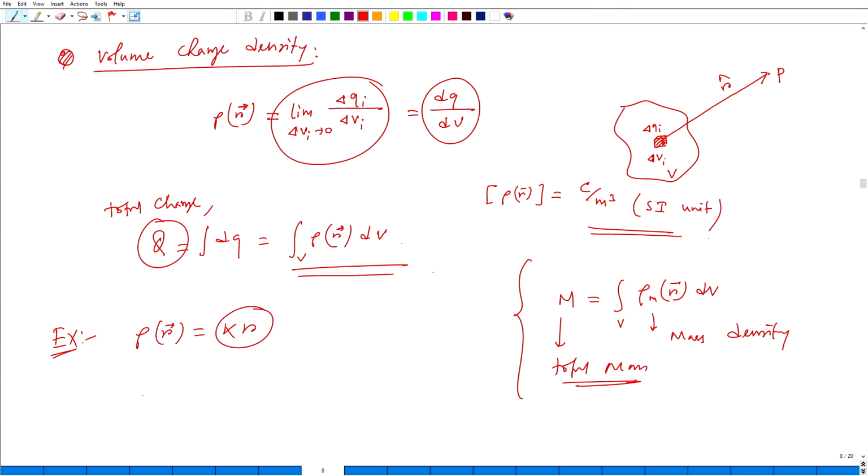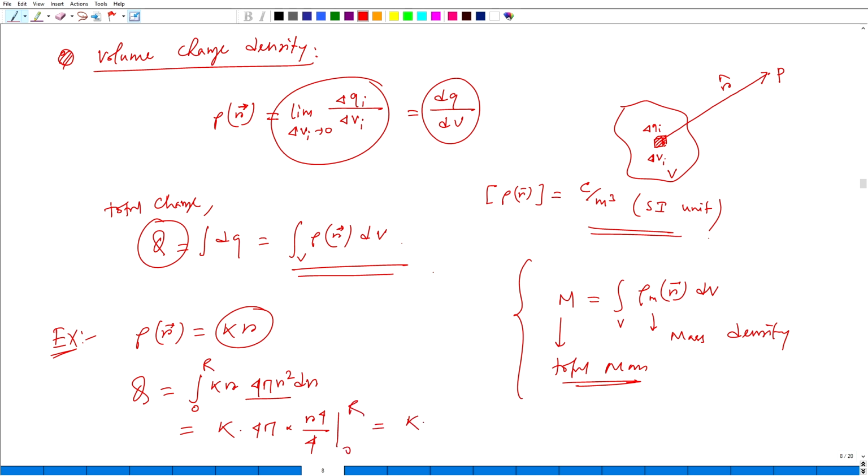Then to calculate q, we have k r and dV is 4 pi r square dr. So, k times 4 pi times r to the power 4 over 4, where we consider a sphere of radius r, so the integral is from 0 to r.